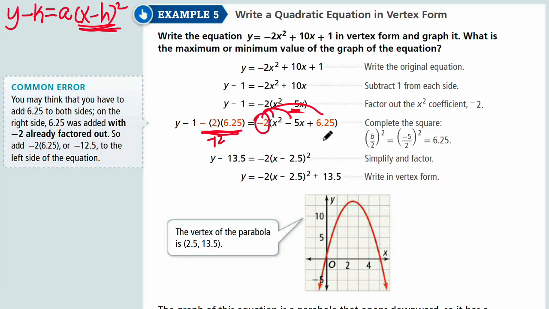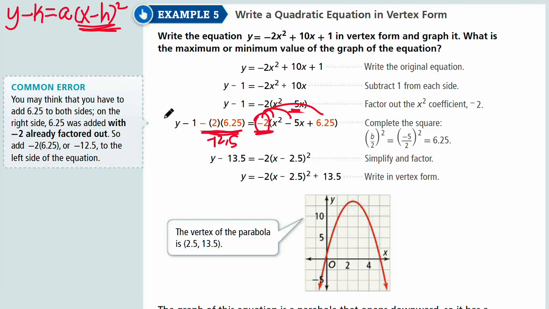We added negative 12.5. And so we have to add the same number, not just 6.25. So don't forget about your negative 2 that was factored out here. And so you can do that inside your parentheses because we don't want to make y into a 1 over 2 y, right? Or y over 2. We want to keep the y because we want a clean y in the vertex form. So we're going to take care of that later.